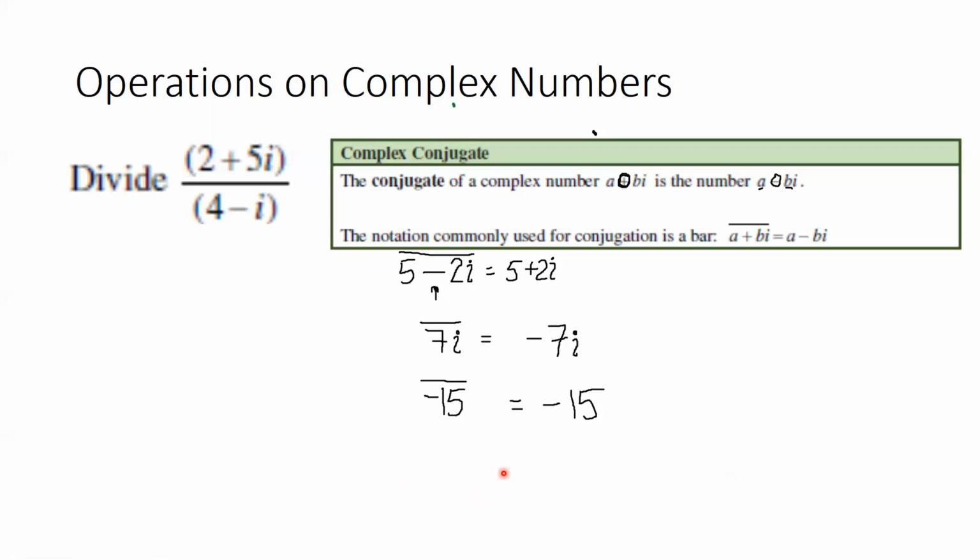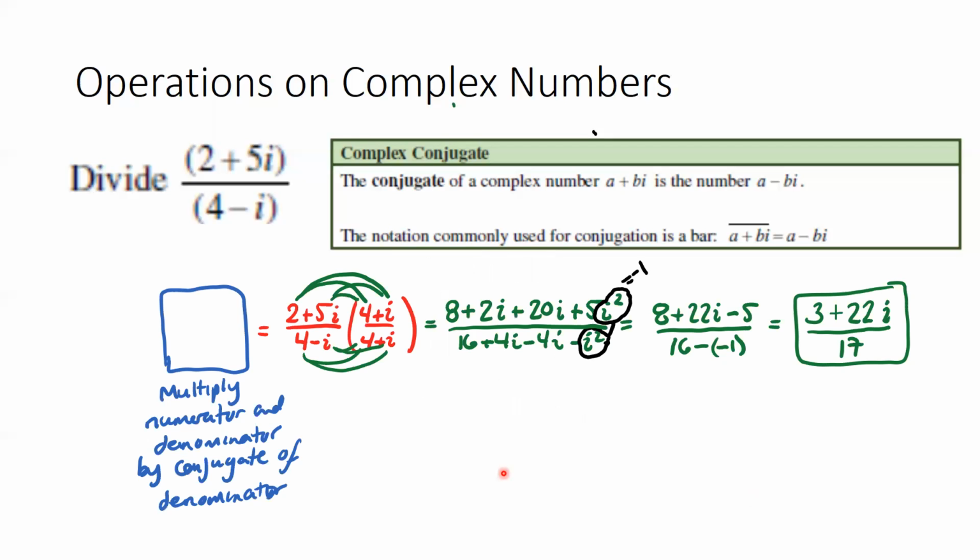Why are we even worried about conjugates? Well, let's suppose we wanted to actually do this division. Now here's the rub. We can't do division by a complex number. Back in the day, the thing we had to use to do divisions were slide rules. And slide rules could only work with real numbers that were rational. So the notion of taking 2 plus 5i and dividing it by 4 minus i is completely ridiculous.